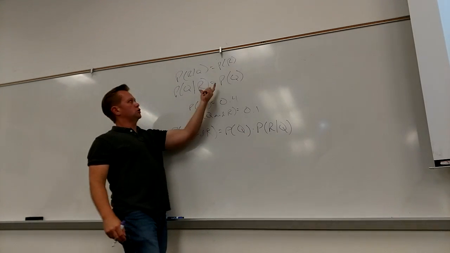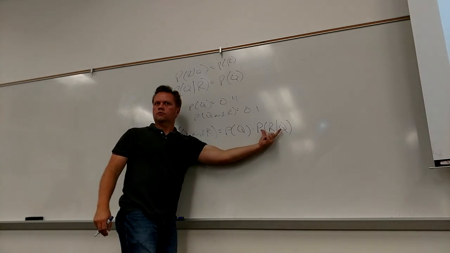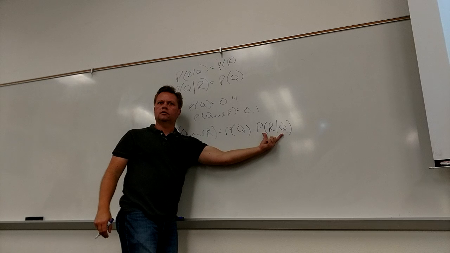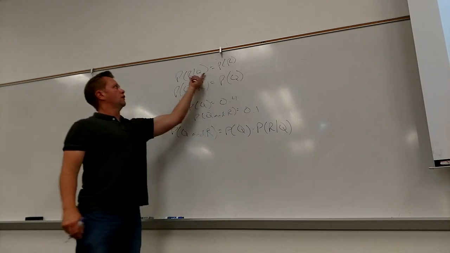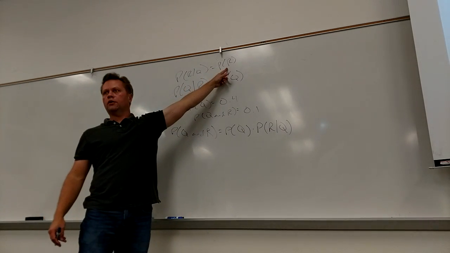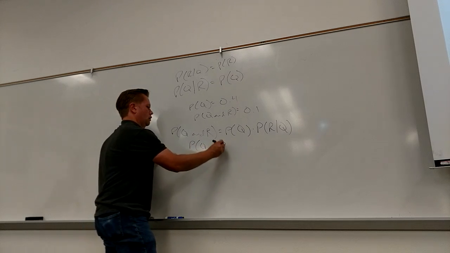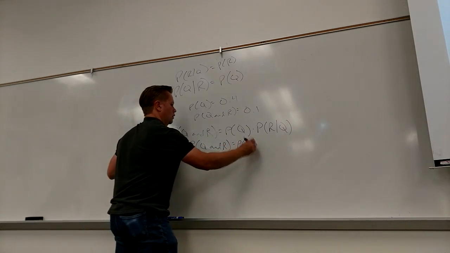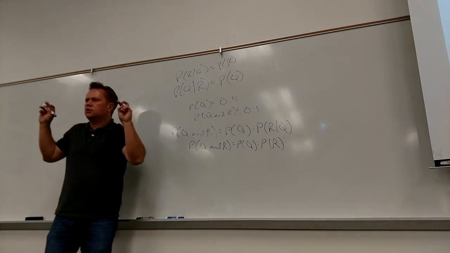It doesn't really matter which way you write this. What's a better way to write this? Because we just said, if they're independent, one doesn't affect the other one, right? So then this formula changes.